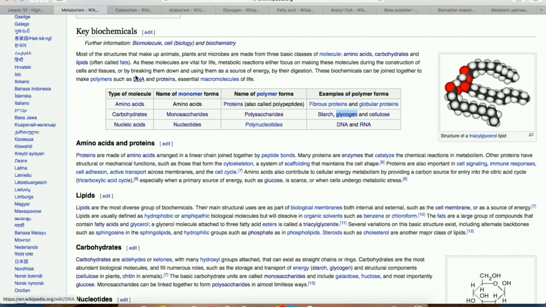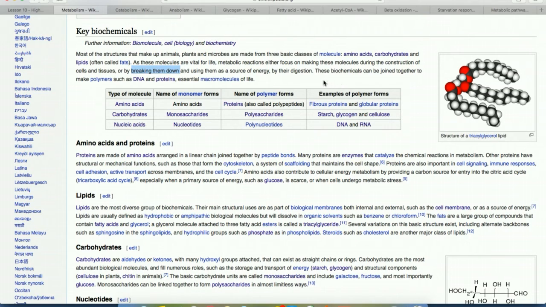Okay. Let's see. As these molecules are vital for life, metabolic reactions either focus on making these molecules during the construction of cells and tissues, or on breaking them down and using them as a source of energy by their digestion. Okay, so sometimes the metabolic reactions are focused on making the molecules, other times on breaking down the molecules.